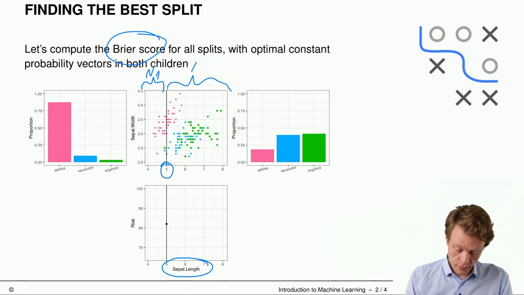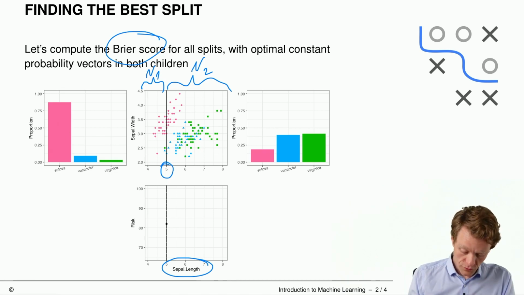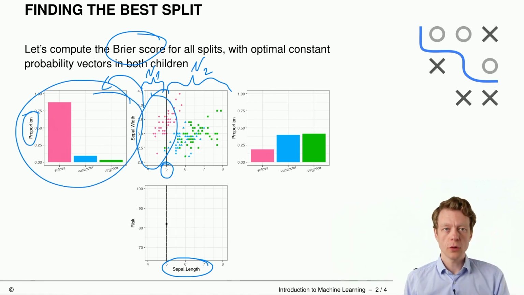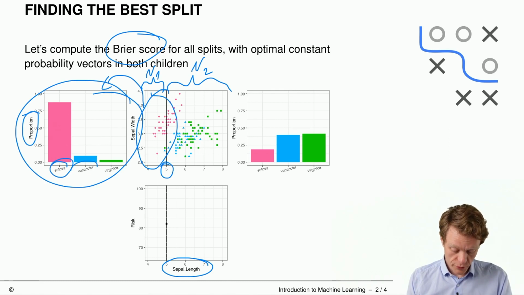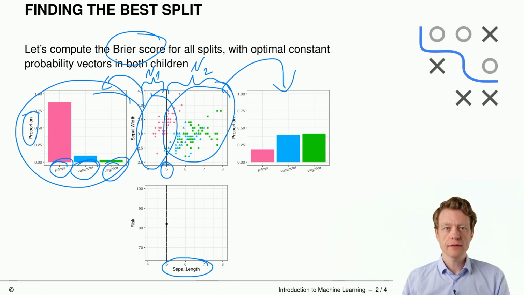new sets, N1 and N2, that correspond to the nodes which we would have if we would split at Sepal.Length equals 5. And then for both sets we can compute the optimal constant models. So what we have here on the left hand side is just the proportion of observations in those three classes for N1, and on the right hand side we have the same thing for N2.